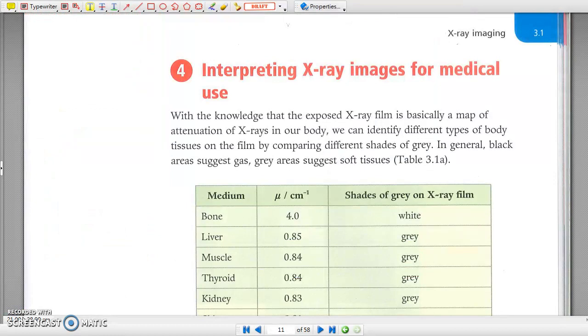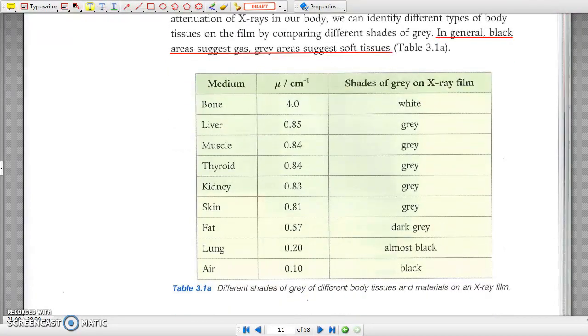4. Interpreting X-ray images for medical use. From an X-ray image, we may identify different types of body tissues by comparing different shades of gray. In general, black areas suggest gas. Gray areas suggest soft tissues.